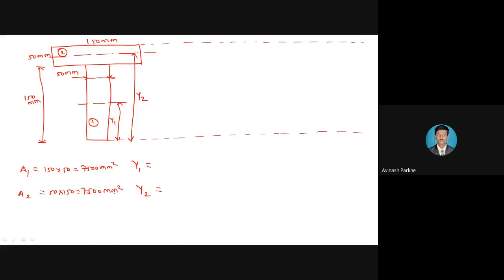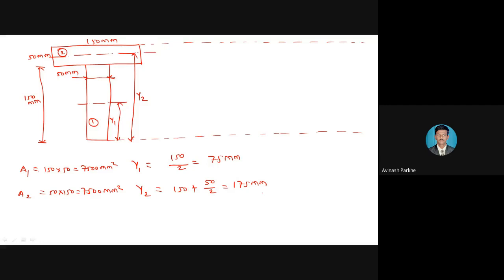From the figure, y1 is equal to 150 divided by 2, means center position of section number 1 from the bottom side. So 150 divided by 2 means 75 mm. Y2 means the center position of section number 2. 150 I have to take distance as it is. त्याचा सेंटर पोर्शन कुठे आहे बरोबर 50 च्या सेंटरला. So 50 divided by 2 is equal to 175 mm.